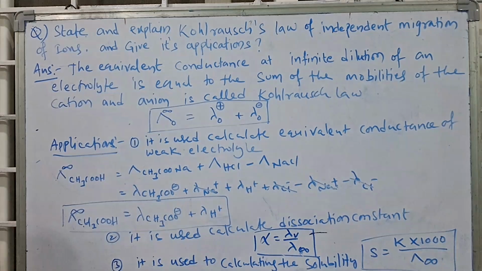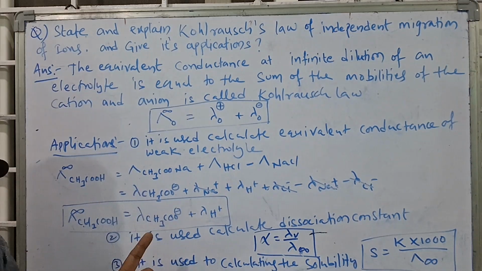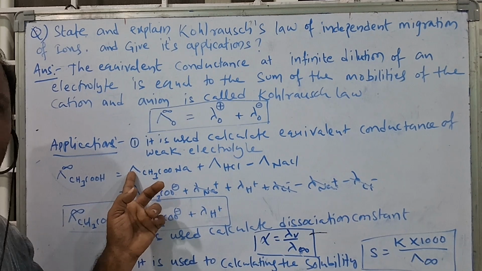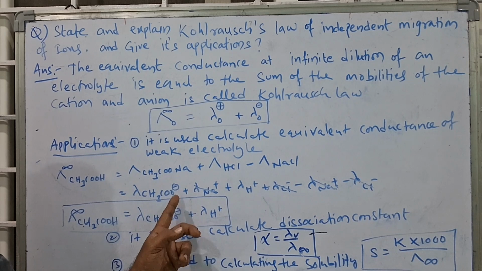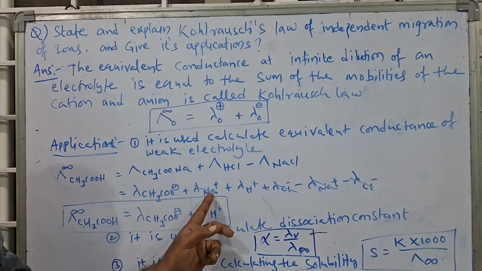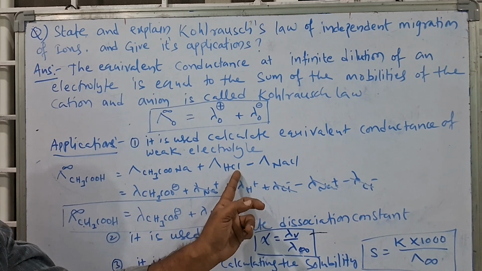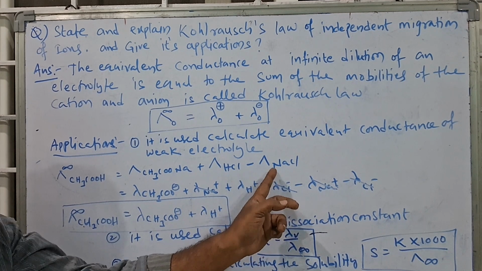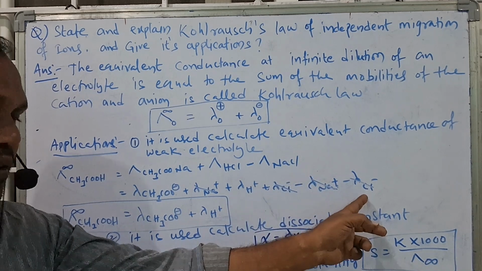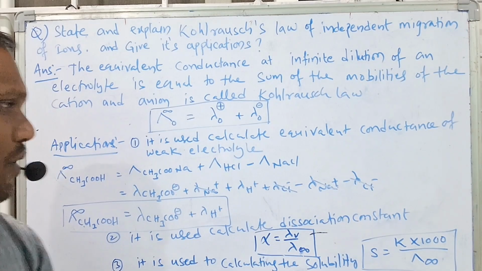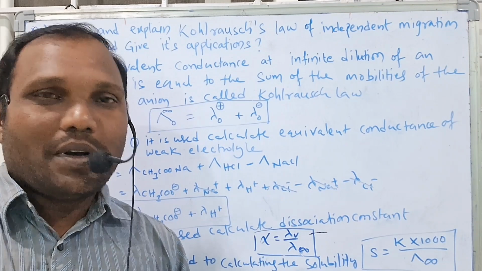Now look here, after the dissociation, the equivalent conductance gives mobilities of acetate ion and sodium ion. From hydrochloric acid, mobility of H+ ion and mobility of chloride ion. From the sodium chloride, mobility of sodium ion and mobility of chloride ion. Now we take the sum.